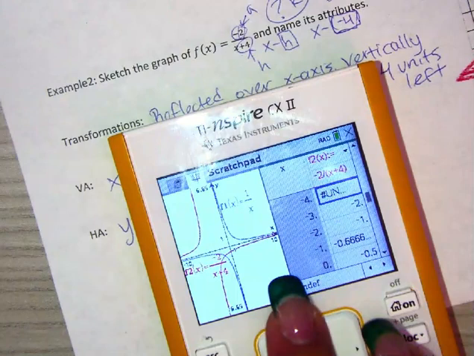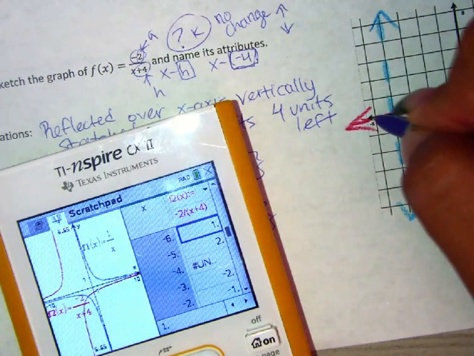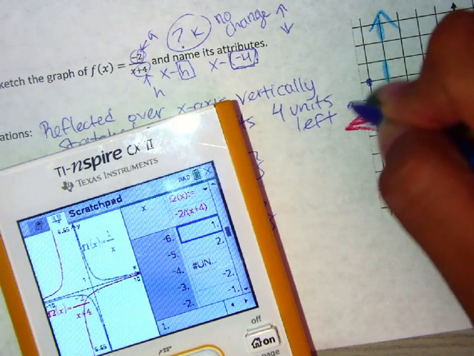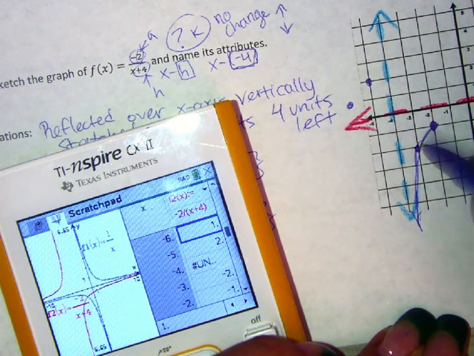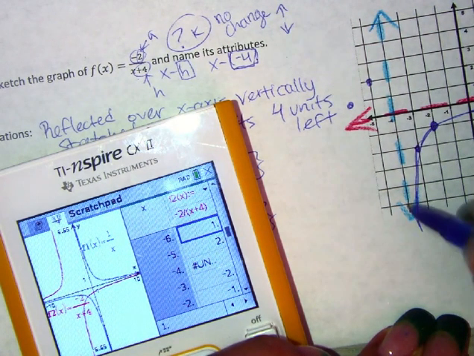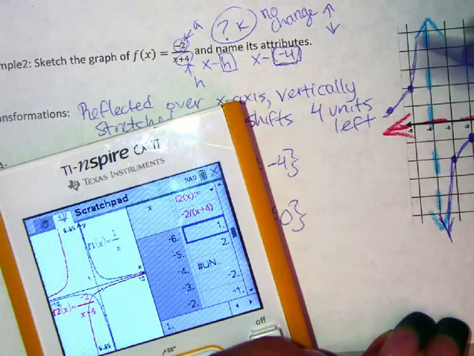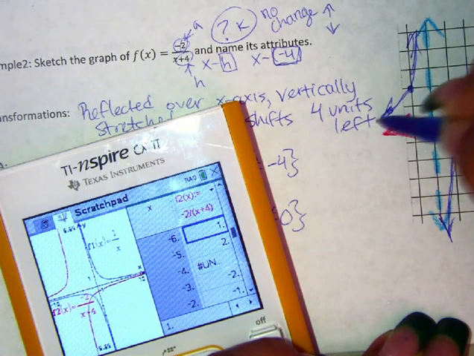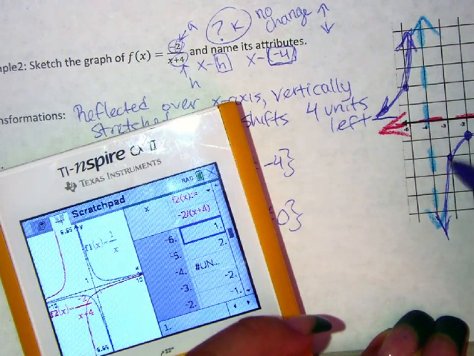And then if I keep going up, there's the undefined for the asymptote, and then -5, 2, and -6, 1. And that's how it sketches the curve. So again, the important part is identifying where the asymptotes shifted and what the new domain and range restrictions are for these types of functions.